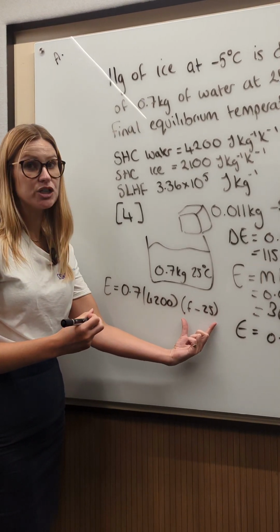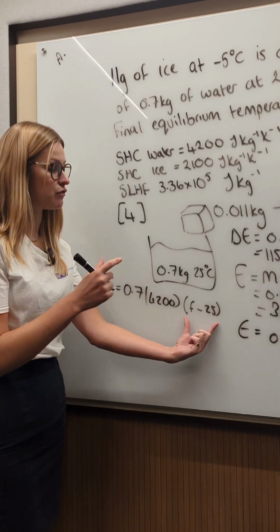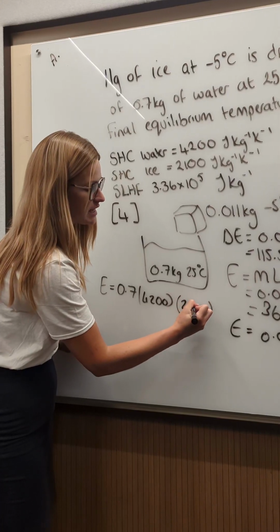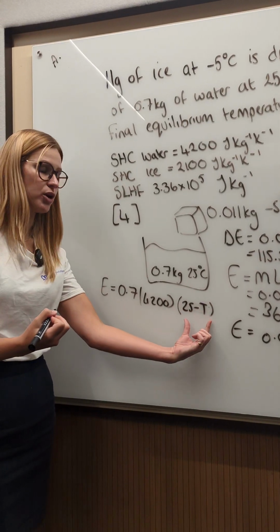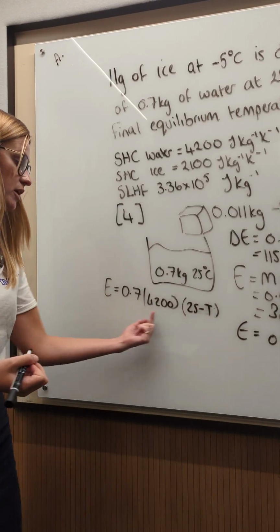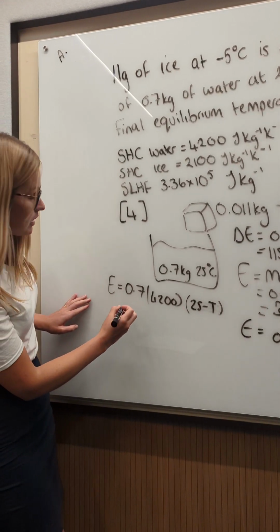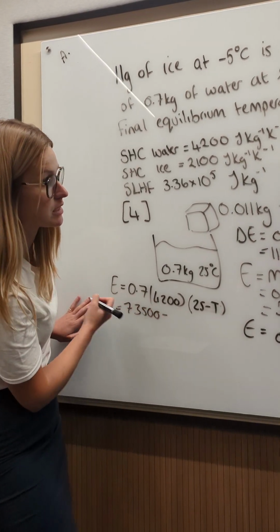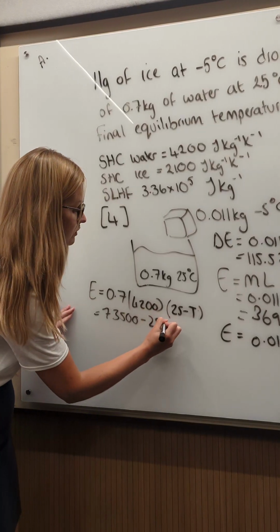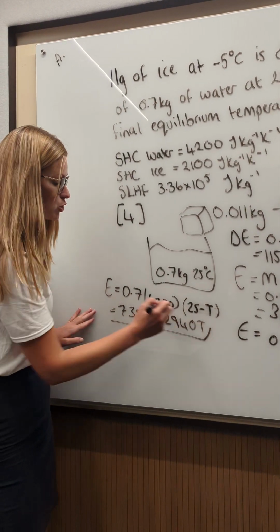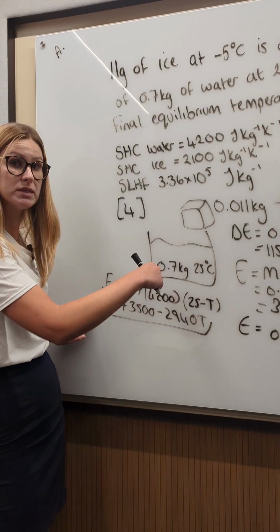The change in temperature here always has to be a magnitude, so it has to be positive. You just need to remember for your math to work that you have to change that around to T_F minus T, because you want your answer to be a positive magnitude. So when you solve this out, you're going to get a final number of 73500 minus 2940T.